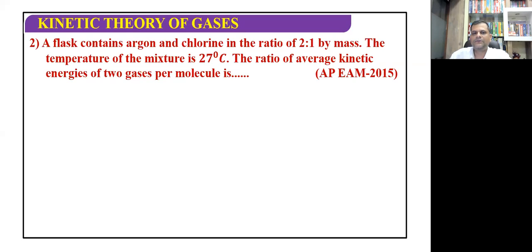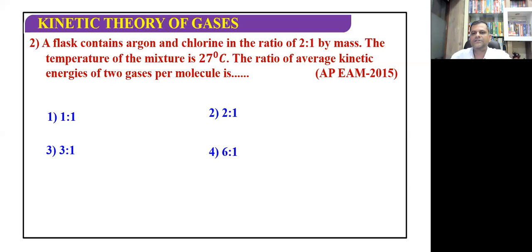So basically देखो यहाँ पे क्या है कि argon और chlorine इन दोनों का रेशियो दिया हुआ है बाय मास, एंड द मिक्सचर का जो टेम्परेचर है वो 27 डिग्री सेल्सियस दिया हुआ है, और रेशियो ऑफ एवरेज काइनेटिक एनर्जीज ऑफ द टू गैसेस पर मॉलिक्यूल. अब ये हमको याद होना चाहिए, व्हाट इज द फॉर्मूला फॉर एवरेज काइनेटिक एनर्जी पर मॉलिक्यूल? इफ यू रिमेंबर इट इज 3/2 kT, करेक्ट है?